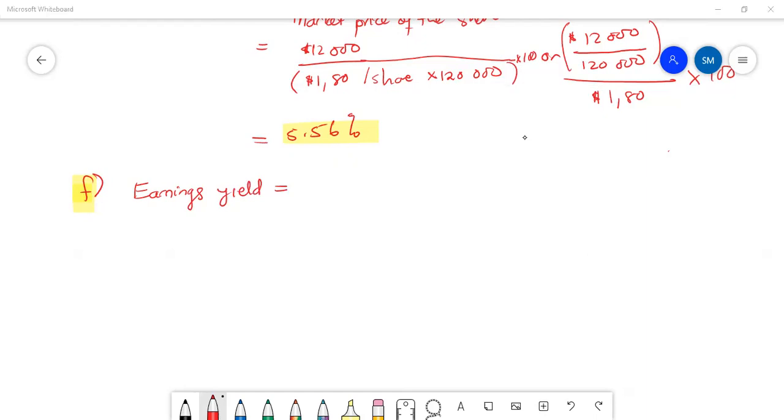And we said that the earnings yield, how do we get our earnings yield? We say earnings per share divided by the market price.